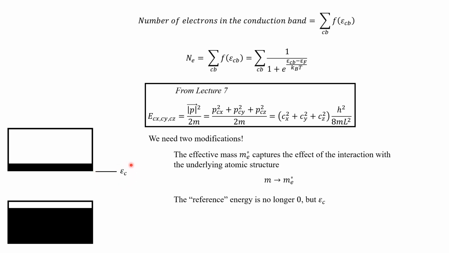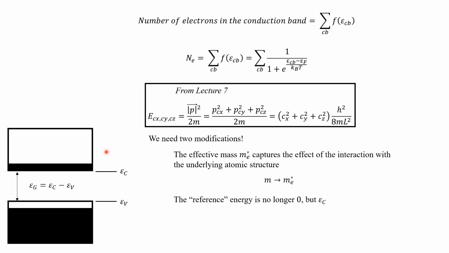So you can understand this energy as being the energy that is trapping the electron in the semiconductor, the potential energy that's preventing the electrons from flying away from the semiconductor. Or you can just interpret this as being a new reference energy. So it can no longer be zero, it has to be epsilon c now, because that's the minimal energy we have in the conduction band.